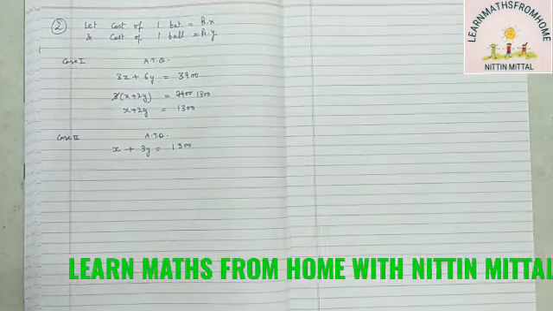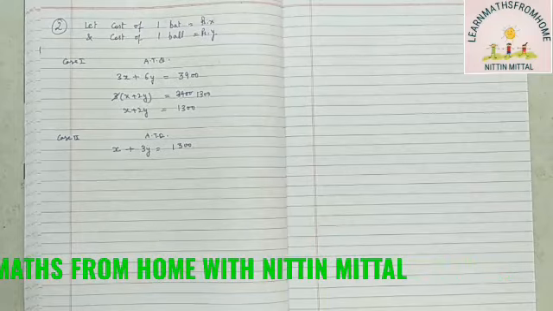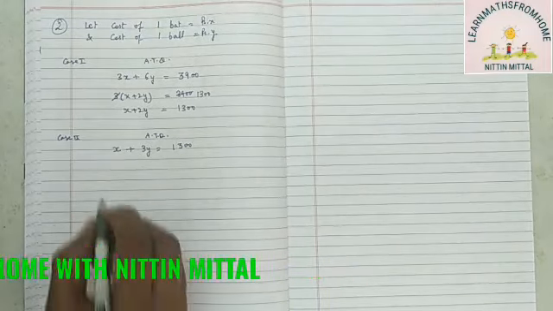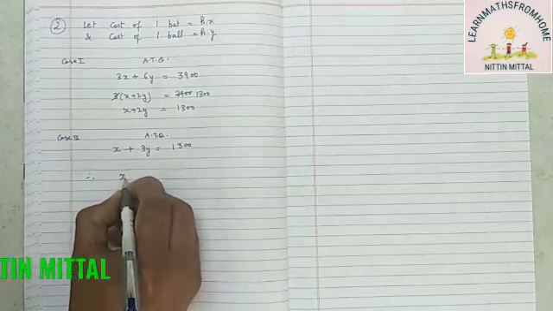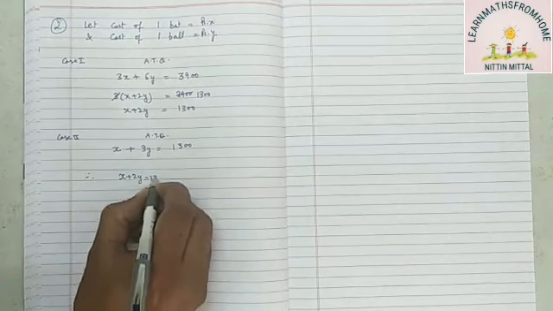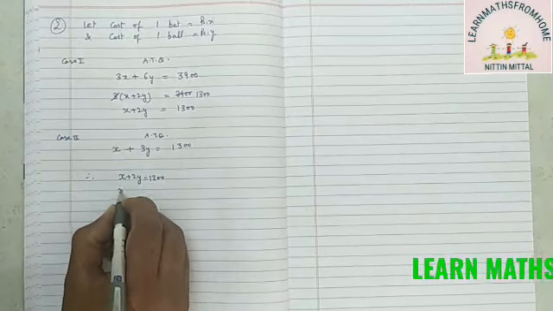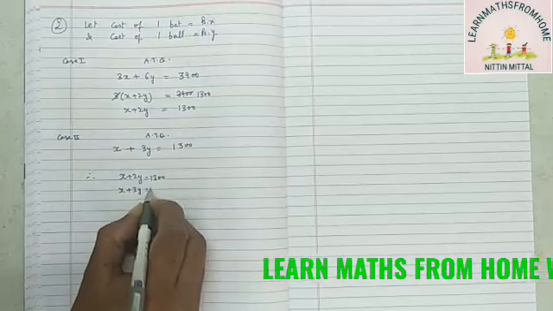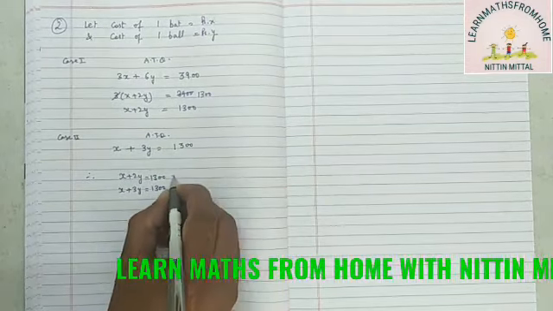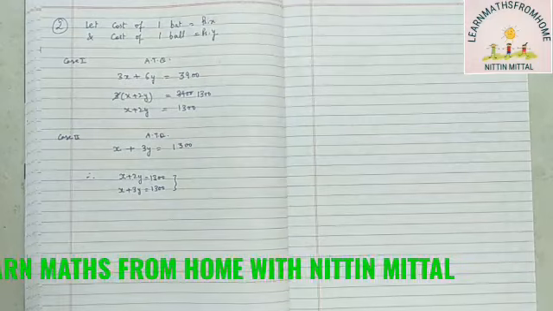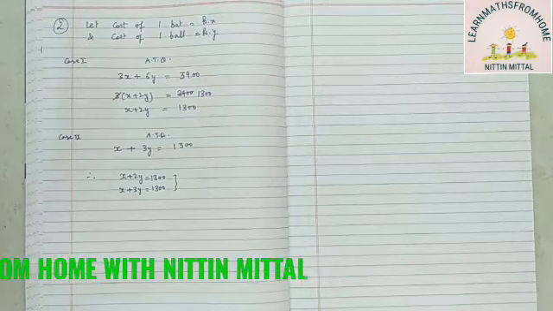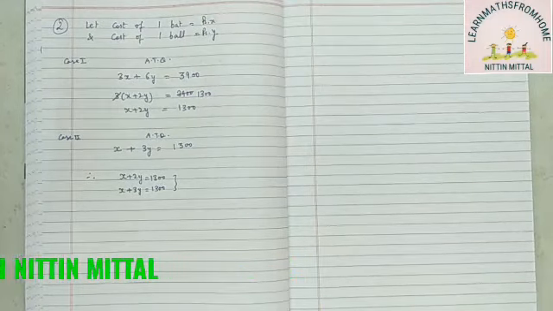So this is your equation number 2, which is already simplified. So we got the two equations. One is x plus 2y equal to 1,300, and another equation x plus 3y equal to 1,300. So this is representing the situation algebraically, right?